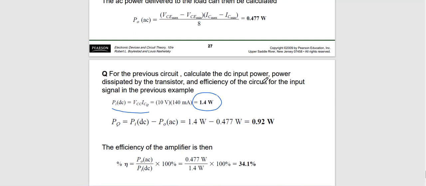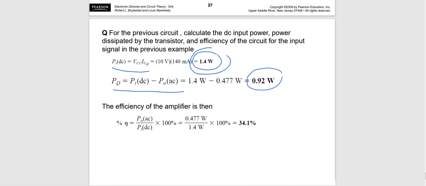Then if we want to calculate the power dissipated by the transistor, PQ is equal to PIDC minus POAC. So 1.4 watt minus 0.477 watt, we can get 0.92 watts.